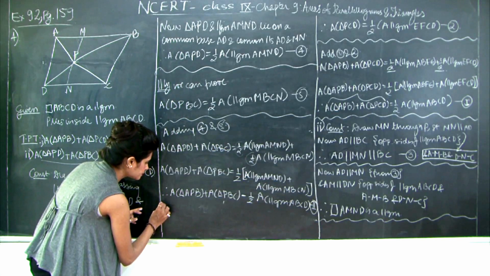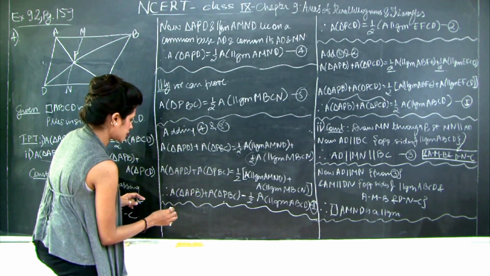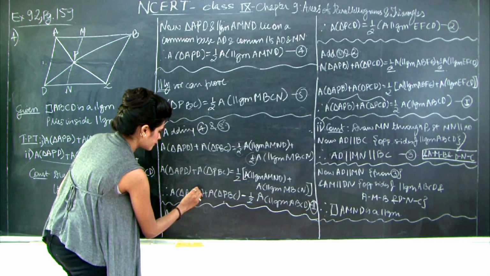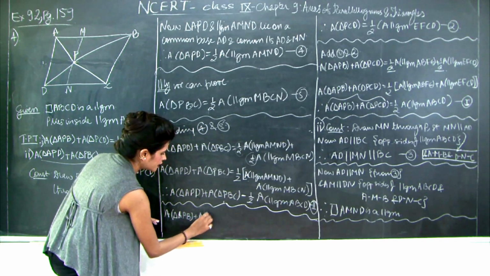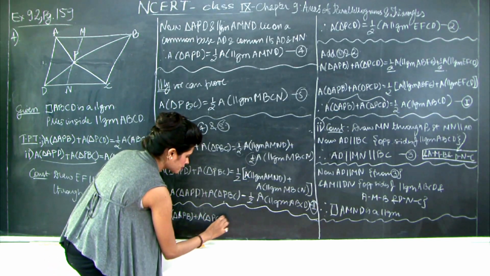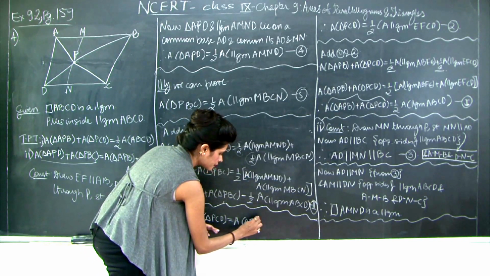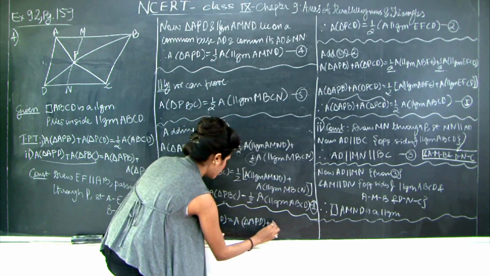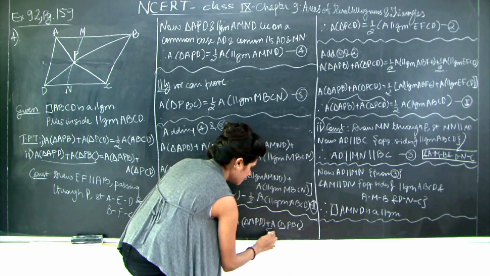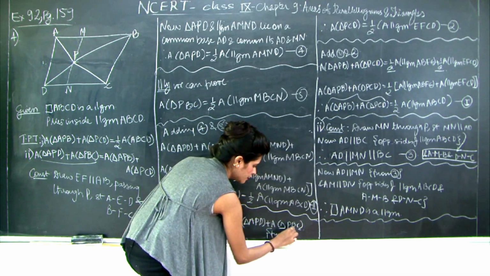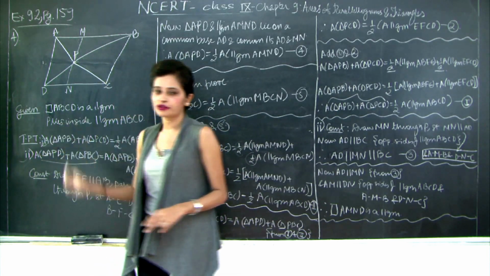So let's write this: area of triangle APB plus area of triangle PCD is equal to area of triangle APD plus area of triangle PBC, from Roman numbers 1 and 2, which is what we needed to prove. So we have proved both the sections.